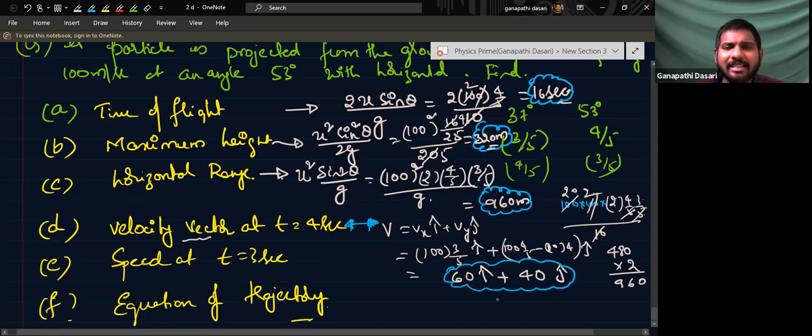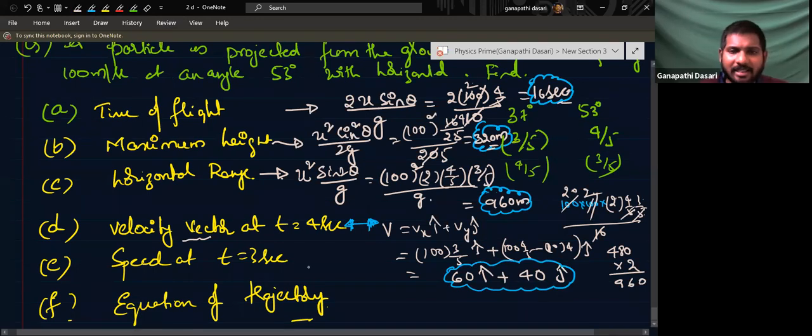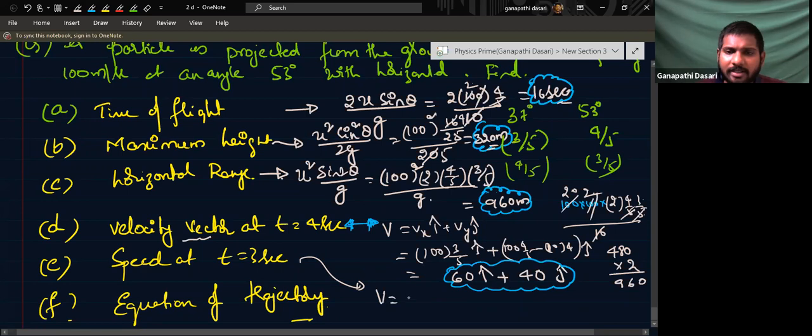If speed is asked, it is root over 60 square plus 40 square. Here the speed at 3 seconds is asked, so again we will find the velocity vector. It is 100 into 3 by 5, so 60 i cap again, because it is constant throughout the motion.